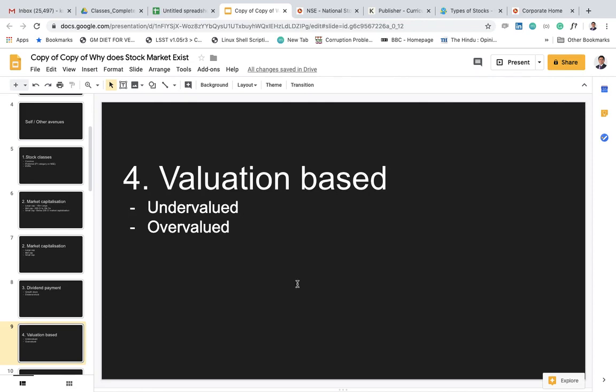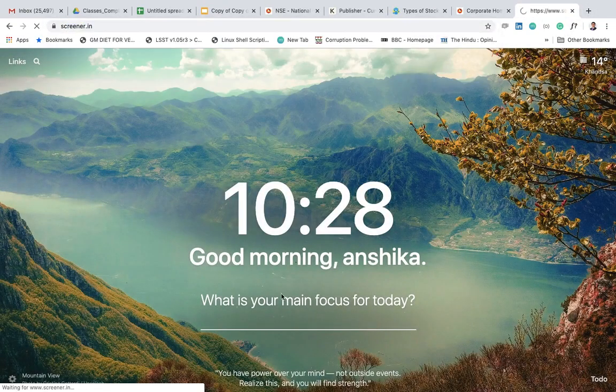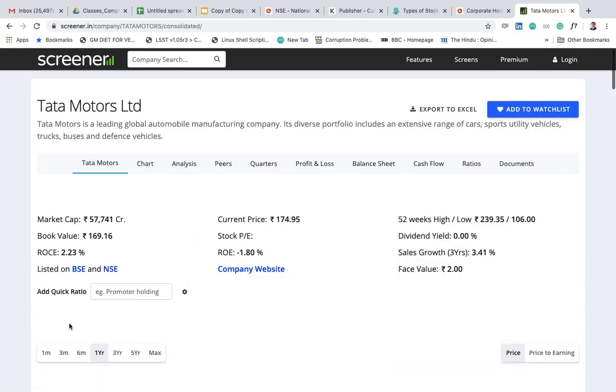For example, we can probably see one of the companies again as an example, Tata Motors, a large, big company. You can see Tata Motors book value is 169 rupees. Current price is 174, right? Some people may say that okay, it is undervalued.